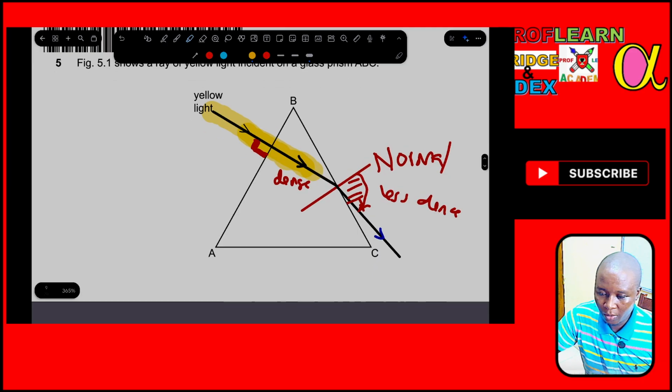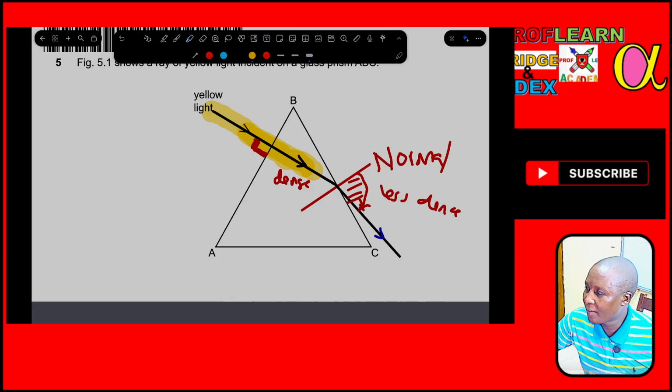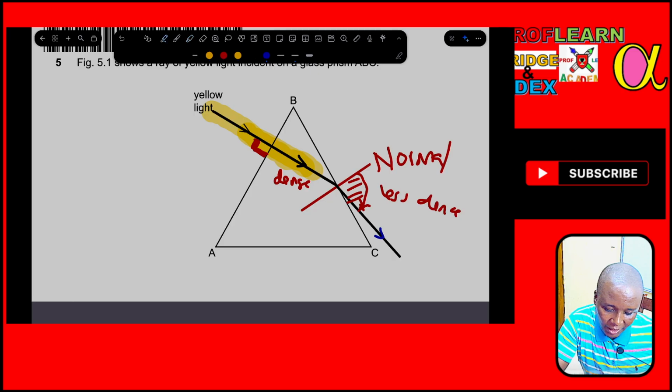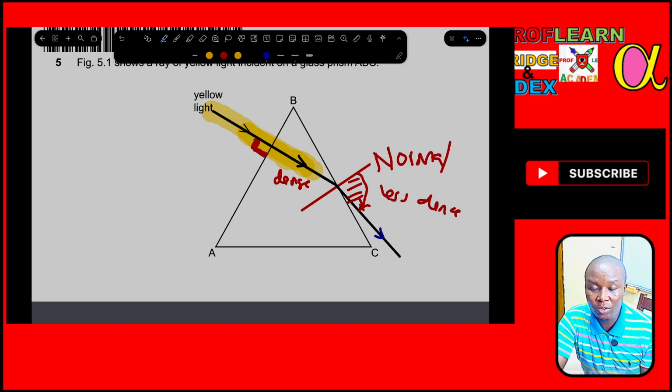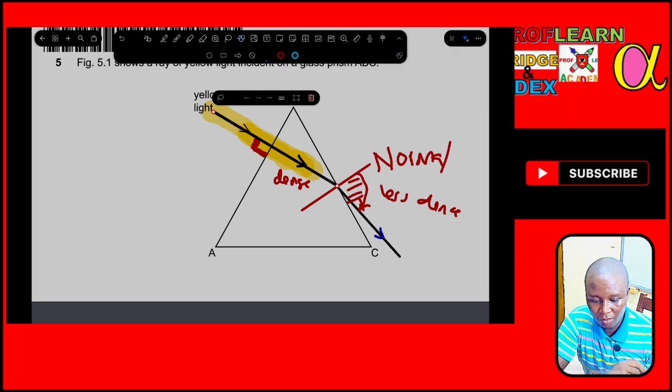Candidates were supposed to remember that when a ray enters a material at 90 degrees, or along the normal, it means that the angle of incidence is 0, then the angle of refraction is going to be 0. Hence, the ray at this particular region is going to enter undeviated without bending.